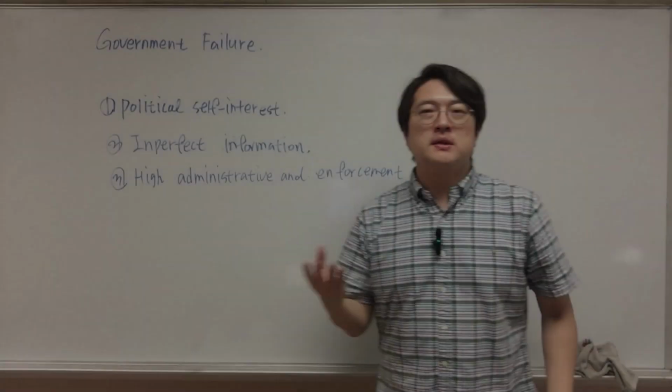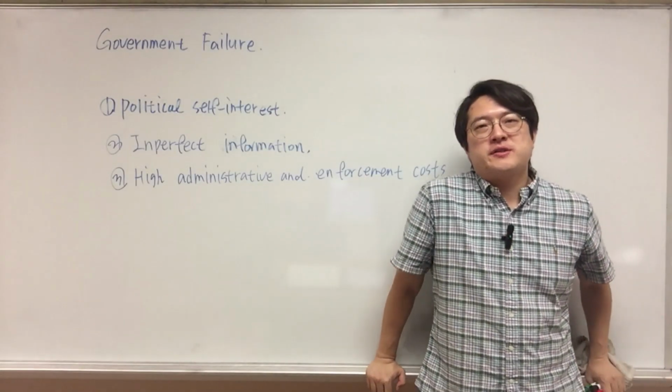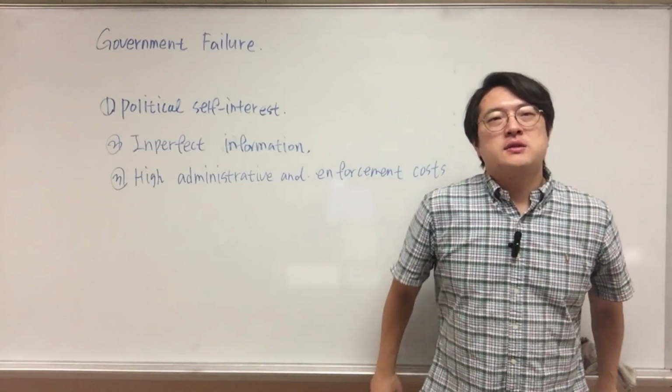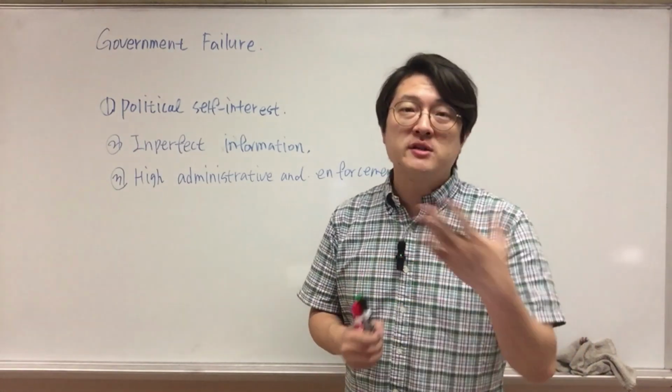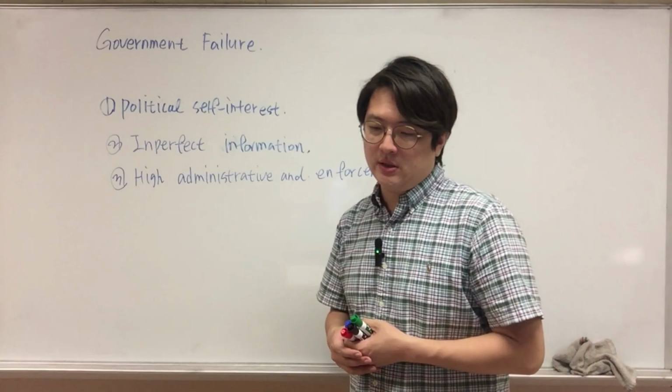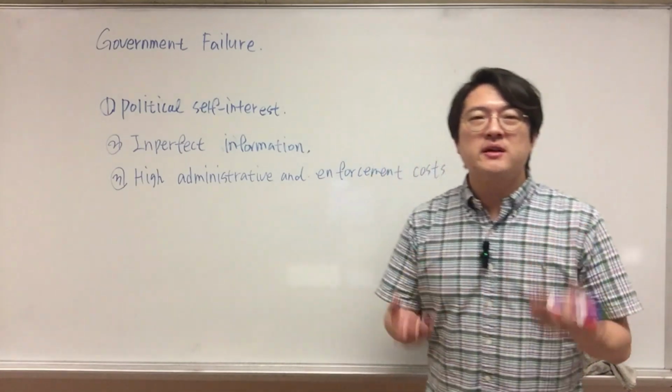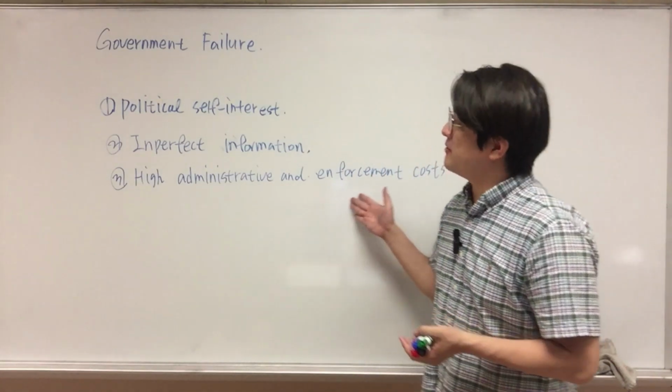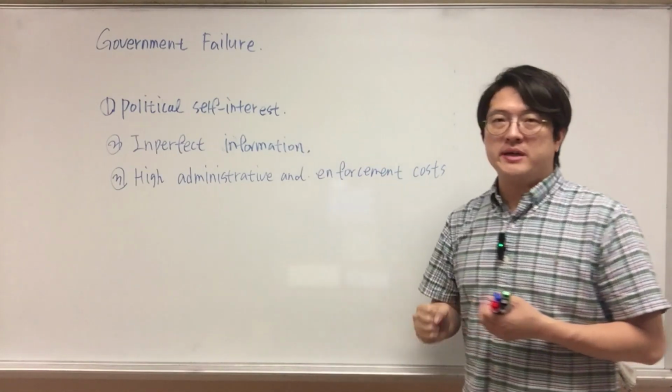Okay, but government intervention does not always succeed. This is called government failure, when a worse result comes despite government intervention. Okay, so government failure is caused by three things. The first one is political self-interest.